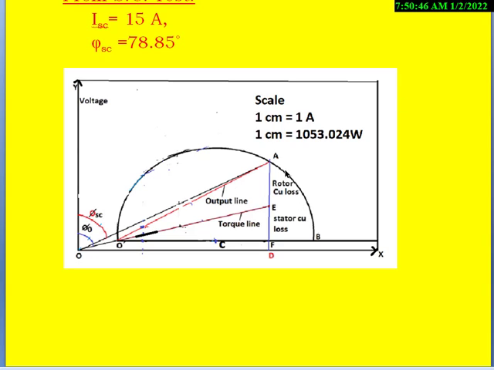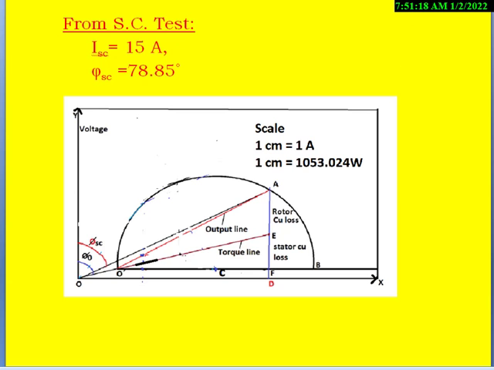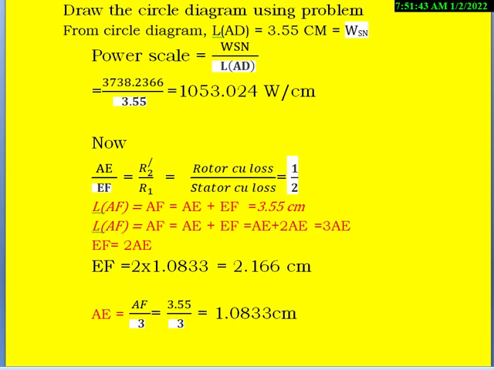Now we divide the line AF in the ratio of 1:2 by measuring the distance AF. From the circle diagram, the distance AF is coming as 3.55 centimeters.